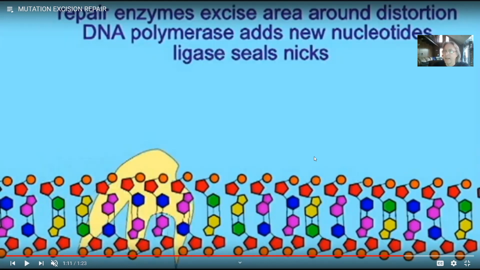Is this just an energy conserving mechanism, that you would not bother fixing an area that you're not using and that you would simply repair those areas which are about to be used, or just making sure that before you activate an area that it is fixed? And so there are genes such as BRCA1 and xeroderma pigmentosum where they encode proteins which are involved in this excision repair tied to transcription.